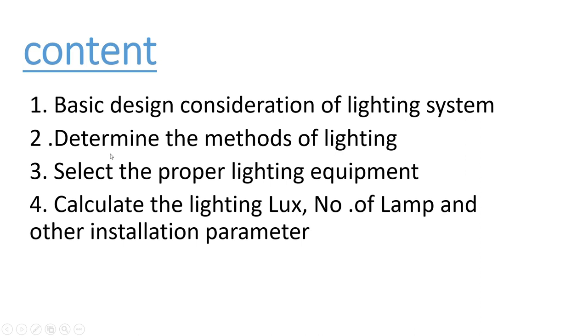Second, we need to determine the method of lighting, how we are going to connect the lamp. Third, we need to select the proper lighting equipment. And fourth, finally, we calculate the lighting lux level and the number of lamps to meet that lighting lux level and other parameters. Once you follow these 4 steps in sequence, you can easily design any lighting system.